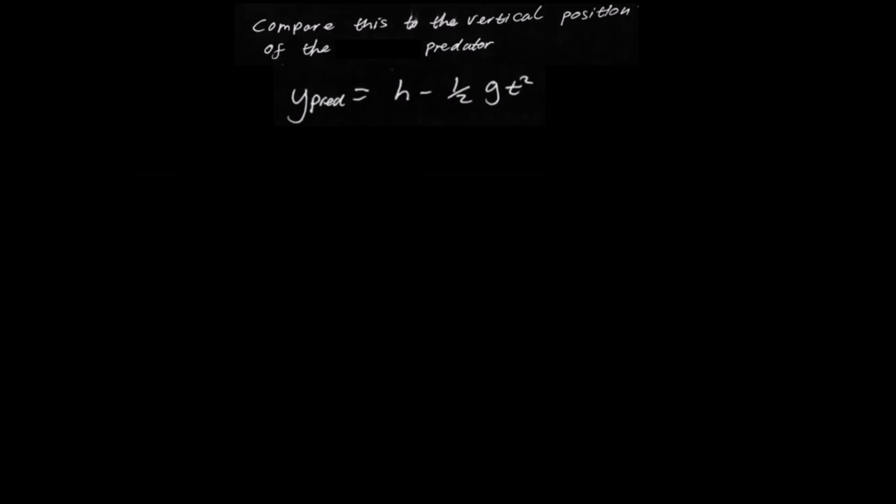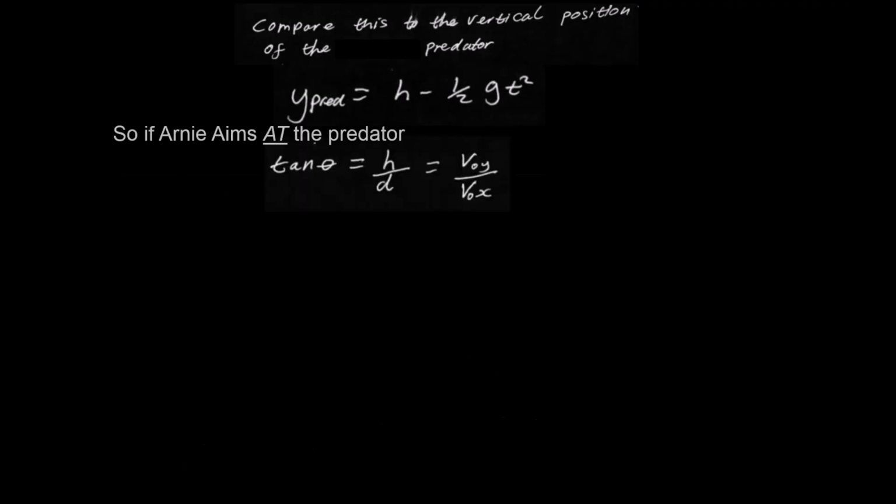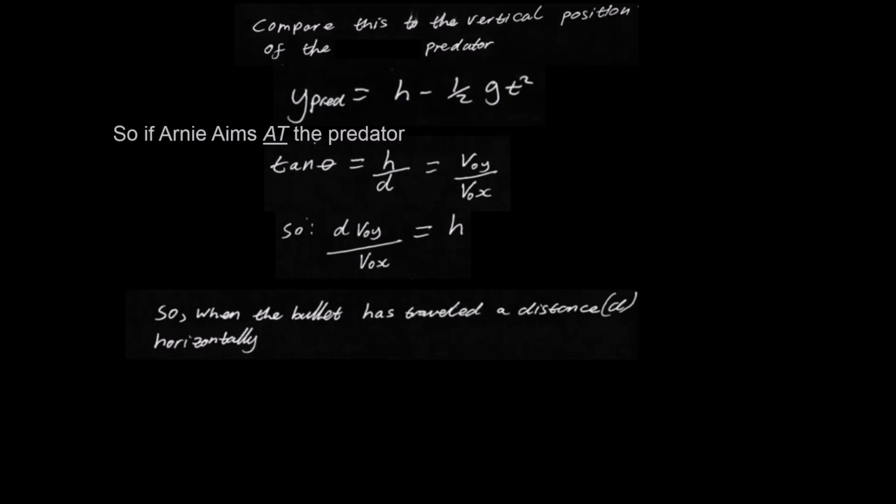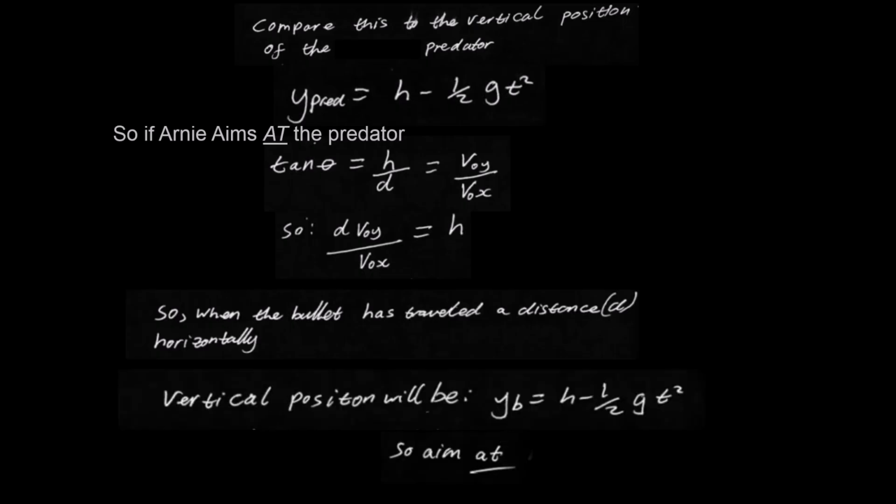We can compare that then to the vertical position of the predator, which will be minus half gt squared, and that means if Arnie aims right at the predator, tan theta will end up being h over d, or v_y over v_x. So d v_y by v_x will be height. So when the bullet travels the distance d horizontally, the vertical position will be this. So you can aim right at him.